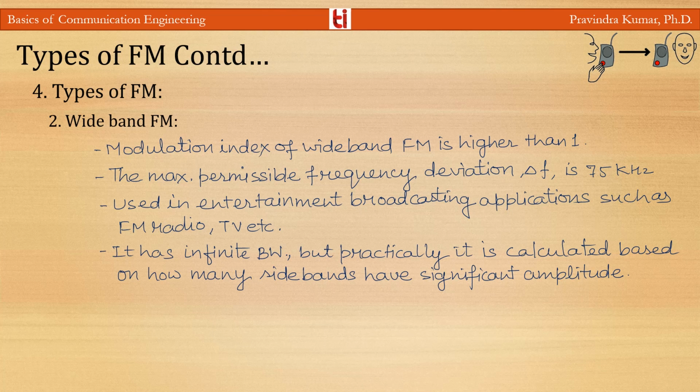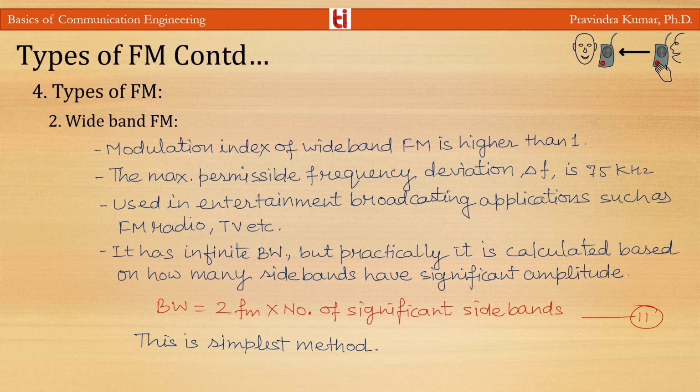Theoretically, the bandwidth of an FM wave is infinite, but practically it is calculated based on how many sidebands have significant amplitude. The simplest method to calculate the bandwidth is 2fm times the number of significant sidebands. With an increase in modulation index, the number of significant sidebands increases, and this will increase the bandwidth.